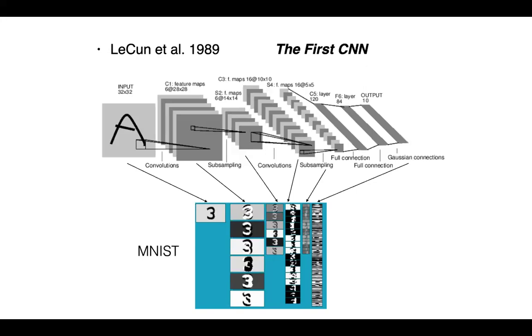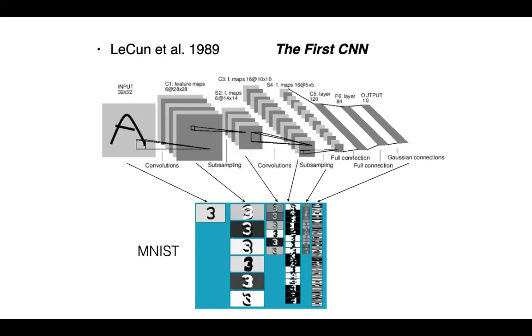And you notice that we start with a small number of channels for the feature maps, and then this is going to increase, but the size decreases, and in the end we have these full connections for doing the analysis. And one of the first data sets that Yann could use with this convolutional network was the MNIST data set, which became a standard for demonstrations and testing.